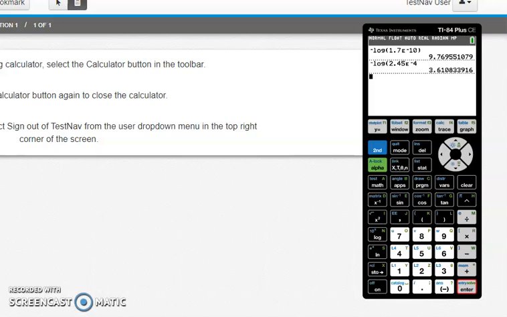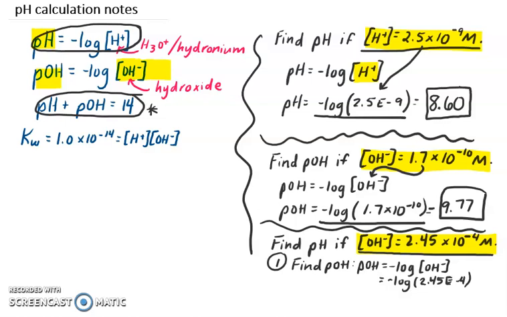And I get for an answer 3.61. So I go back. My answer for pOH is 3.61, okay?